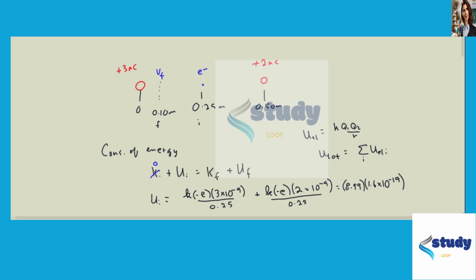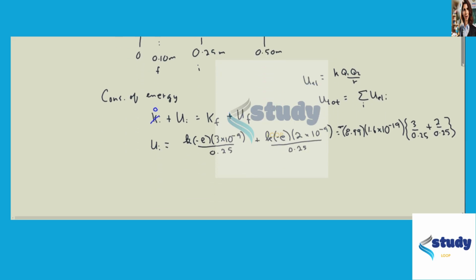And then we've got 3 over 0.25 plus 2 over 0.25. And there may be easier ways to write that. And the whole value should be negative because an electron is negative.